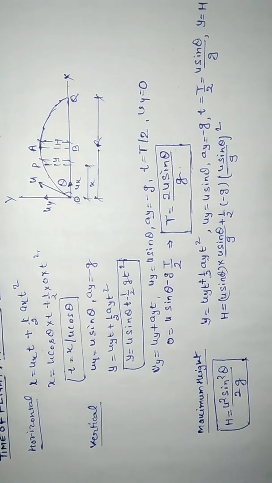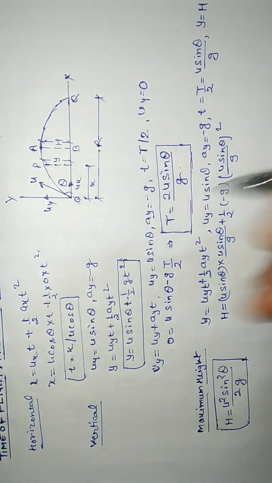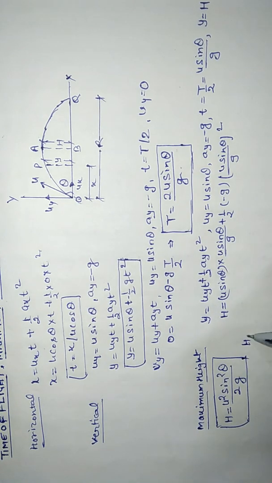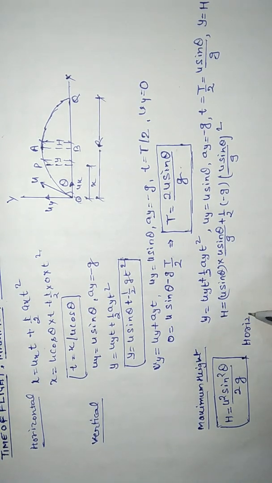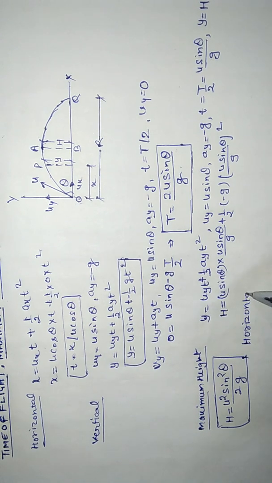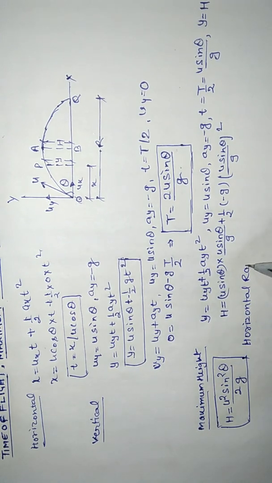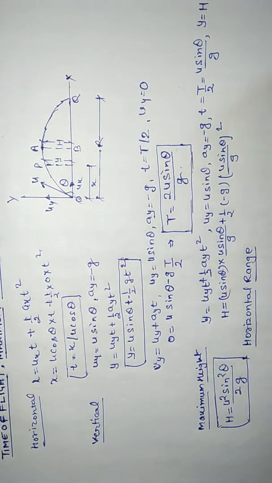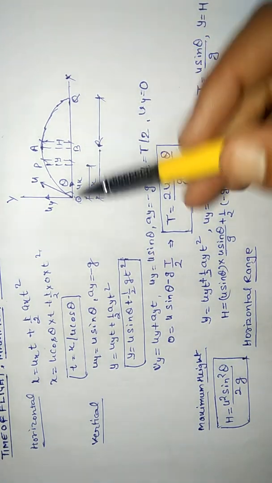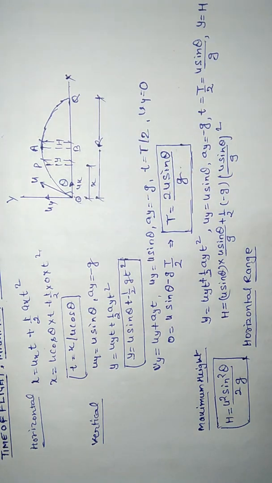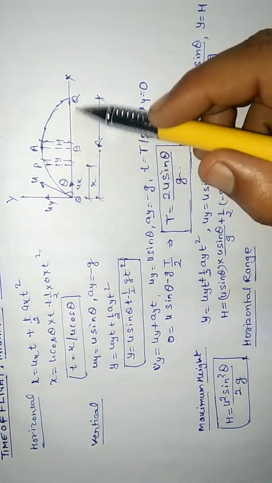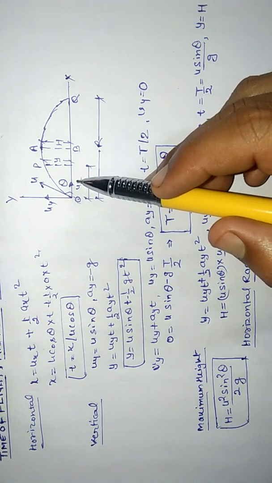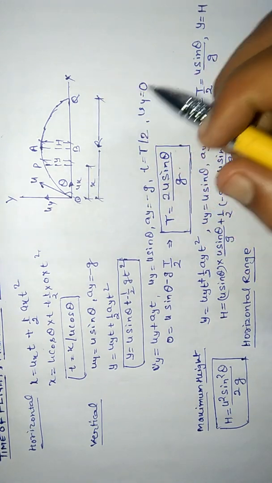Now the next thing is horizontal range. It is the distance covered by the projectile along the horizontal between the point of projection to the point on the ground.